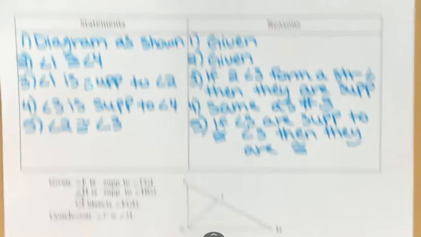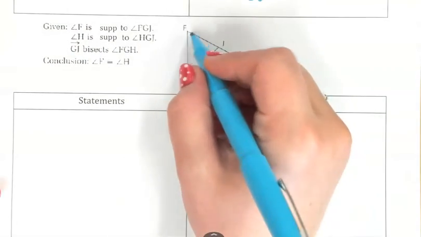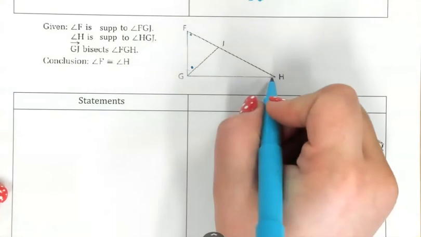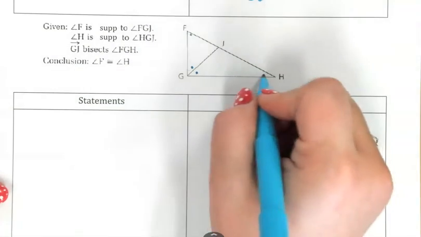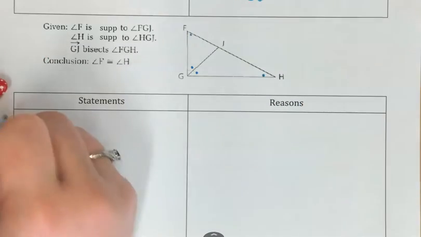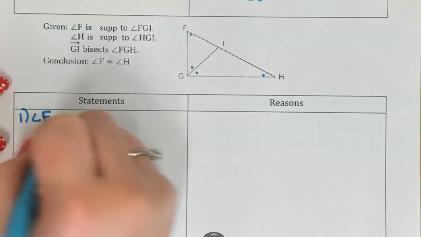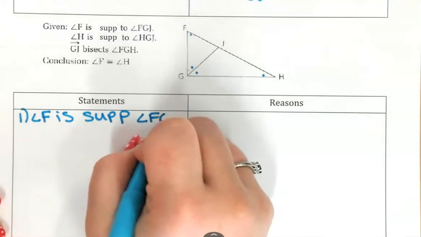Okay, moving on. Angle F is supplementary to angle FGJ. Angle H is supplementary to angle HGJ. Okay, and then GJ bisects angle FGH. So I'm going to again get started with listing my givens.